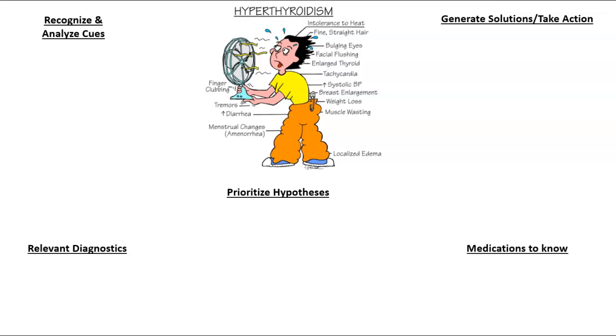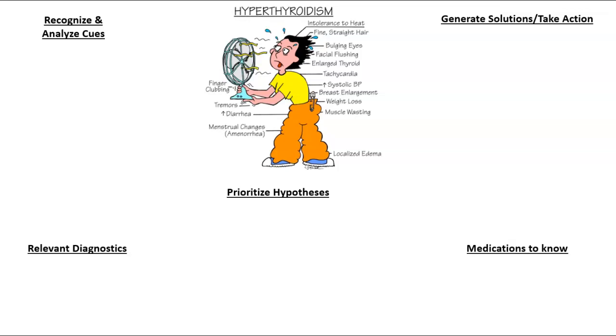So what would we see in a thyroid storm? Definite elevated temperature, tachycardia, the patient could be agitated, anxious, which could even lead to delirium or even a coma, hypertension, and heart failure. So if we know those signs and symptoms, as we go over to medications, that's going to help us understand why we give the meds we do.